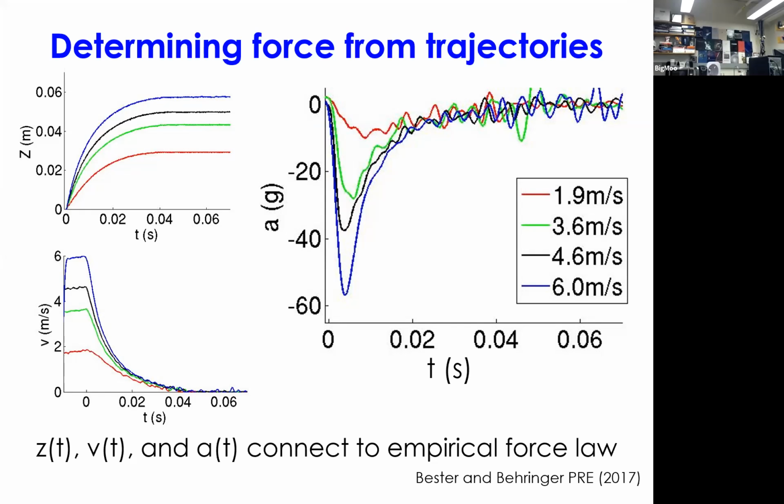Is buoyancy a consideration here at all? Because the low impact one, 1.9 meters per second, that looks like kind of a buoyancy response to me rather than a penetrating response.